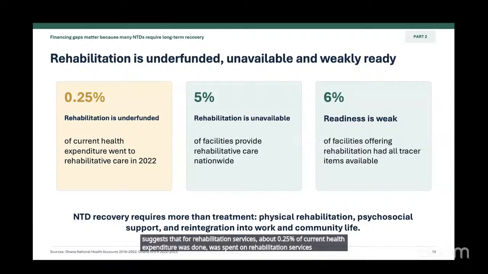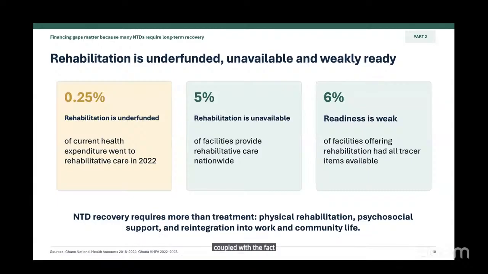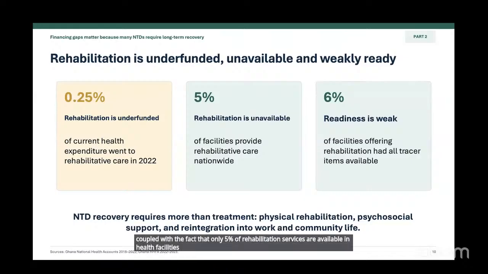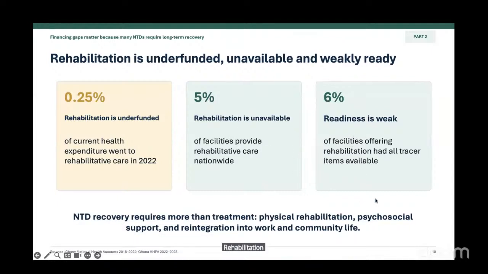And that, coupled with the fact that only 5% of rehabilitation services are available in health facilities nationwide. And in these 5%, only 6% actually are ready for service. So only 6% of the facilities that provide rehabilitation services have the necessary tracer items available to provide care.